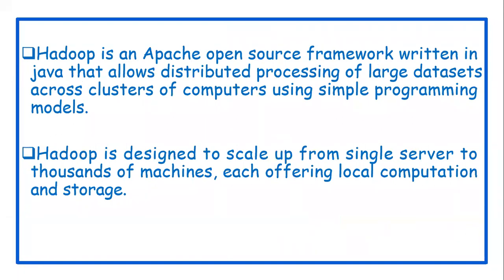Next one is the same. Whenever a large data set is there, we have to use a set of clusters. Those clusters very easily store each data block, and also very easily distribute and process. That's why Hadoop allows distributed processing.